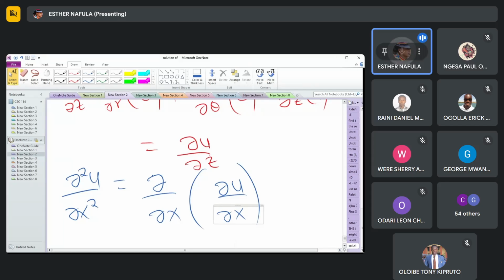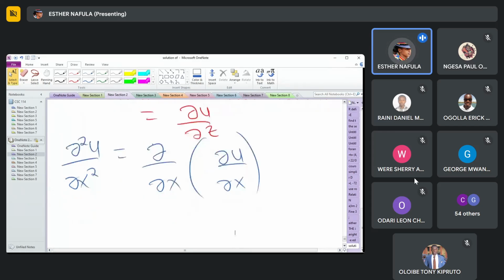Or you can proceed by noticing that partial squared u is the same thing as the partial derivative with respect to x of partial u partial x. So you get your partial x from partial u partial x, get that product, get the product of partial x and partial u partial x.